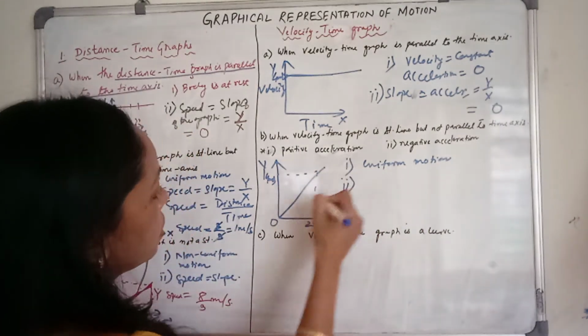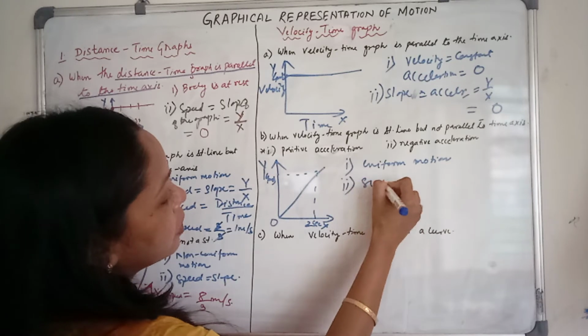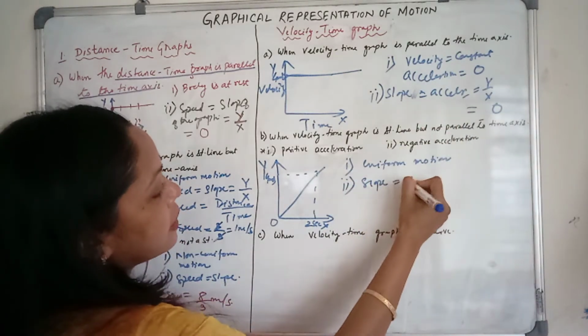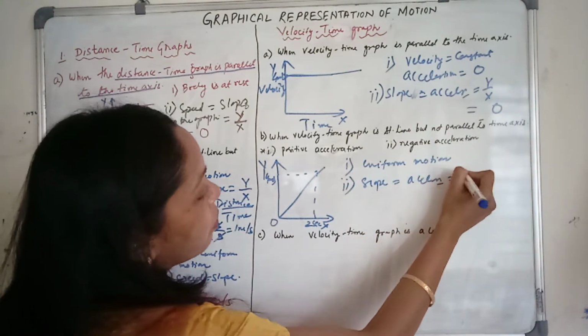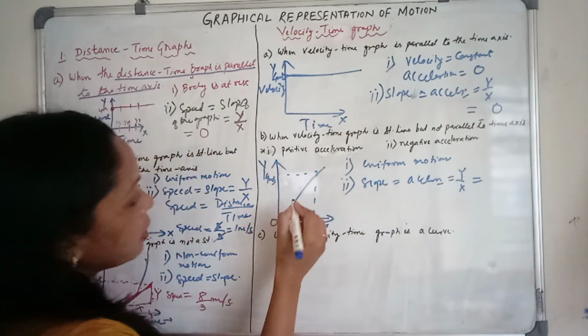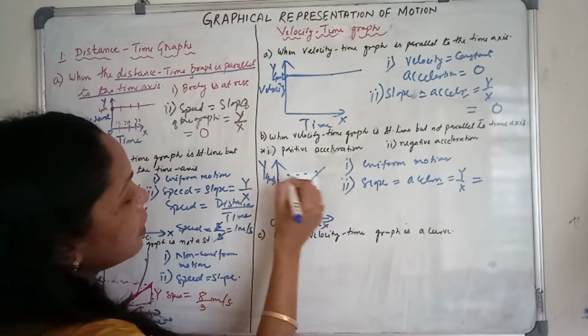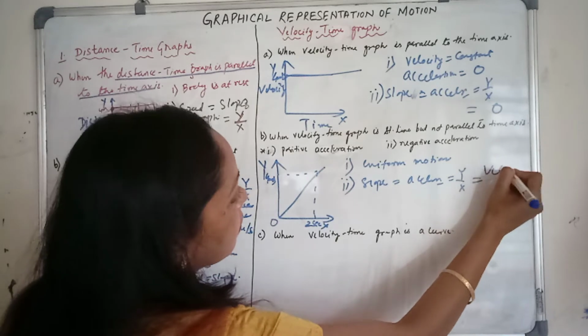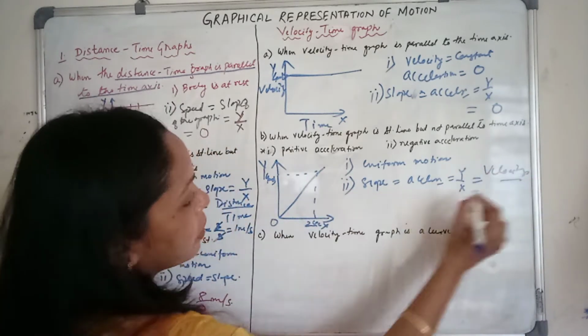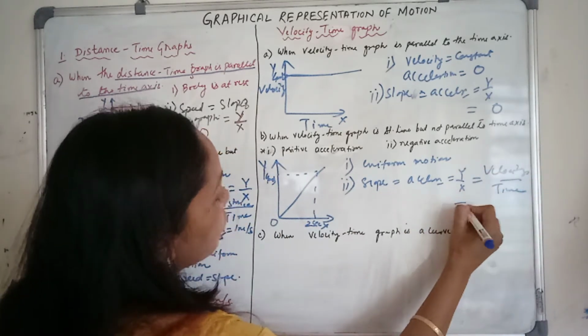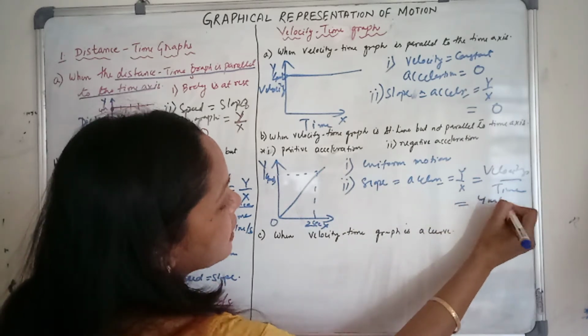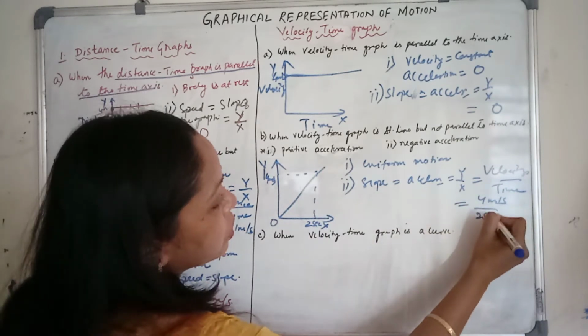Then number 2, slope. Slope will give us the acceleration. That is your y by x. Now what is your y? Y is your velocity and x is your time. So velocity is how much? 4 meter per second. Time is how much? 2 seconds.